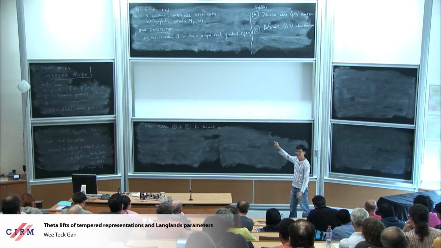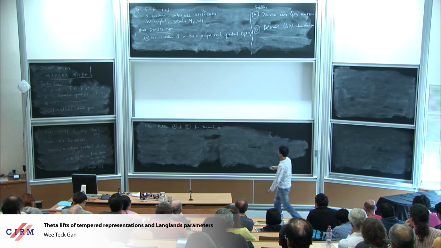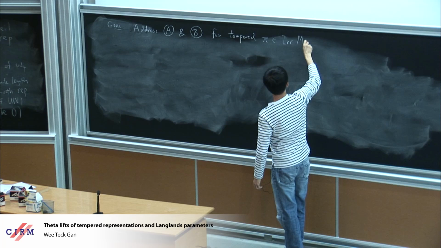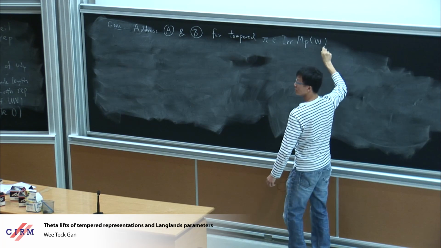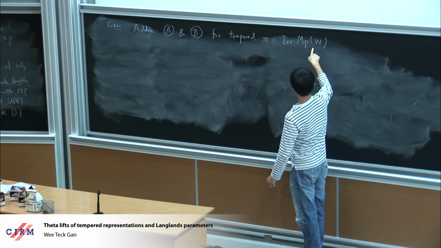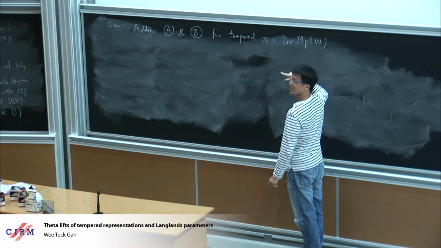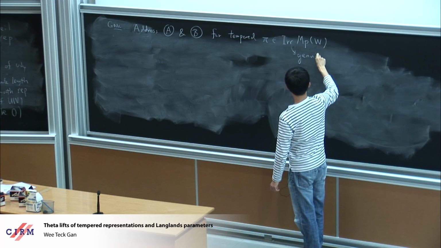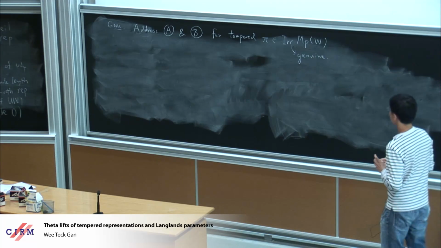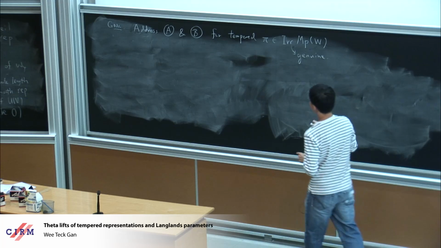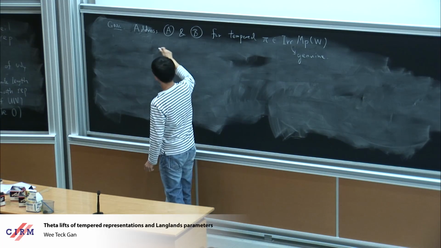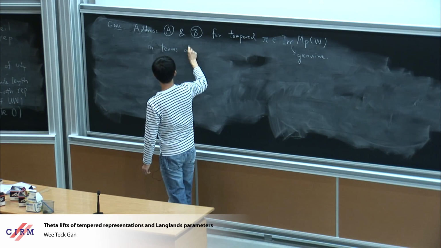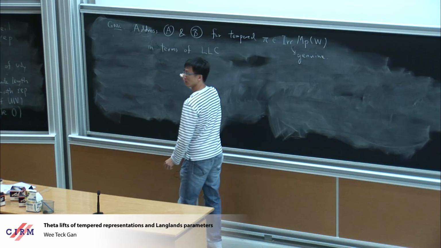Since I'm working with MP of W, this is an irreducible representation of MP(W), and since I'm working with the metaplectic group, my representations are always assumed to be genuine. I would like to address this problem for tempered pi in terms of the local Langlands correspondence.